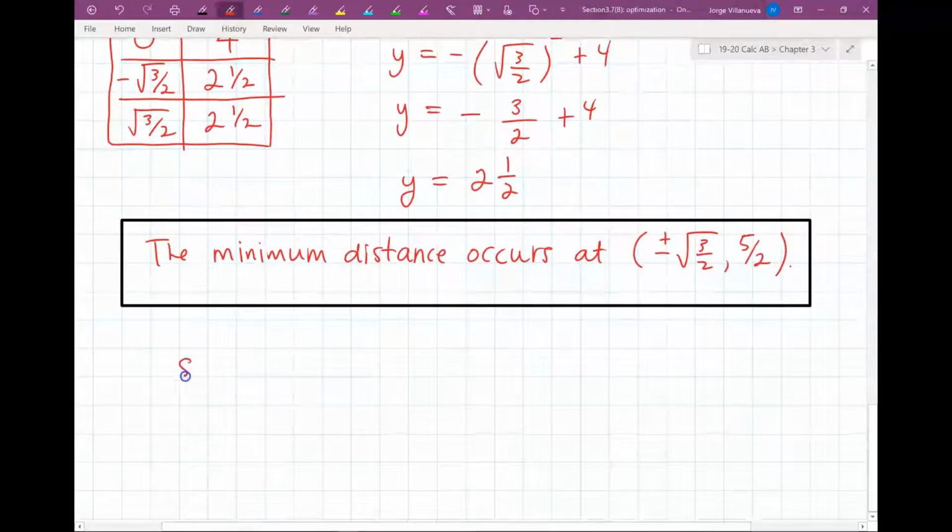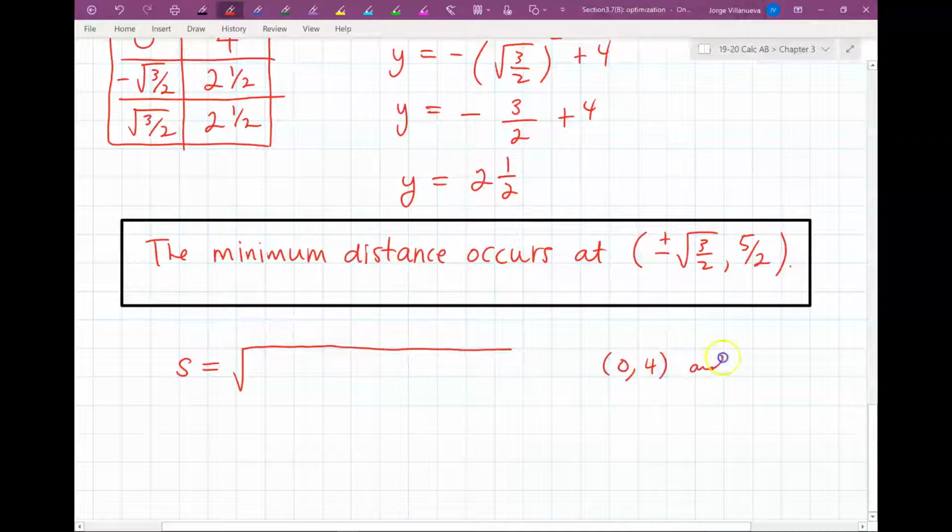You're going to take the distance formula between the points 0, 4 and 0, 2. Okay, you're going to do the distance formula between, what was it?